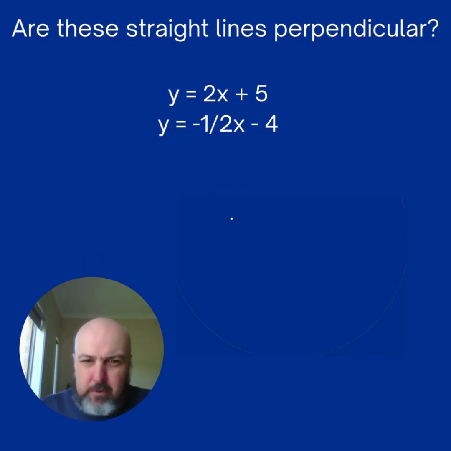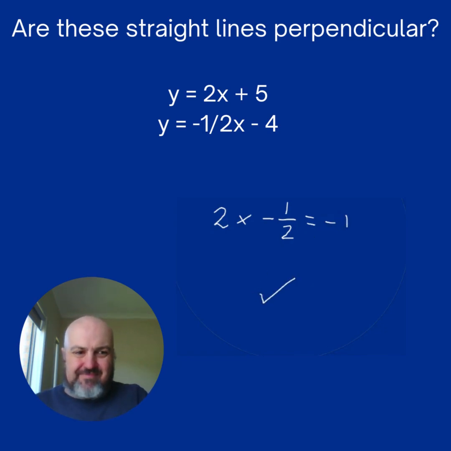Well, they're in the right format, y = mx + c. So if I multiply the gradients together, if I go 2 times -1/2, I should end up with -1. If that is the case, we have perpendicular lines. So 2 times -1/2 is, in fact, -1. We have perpendicular lines.